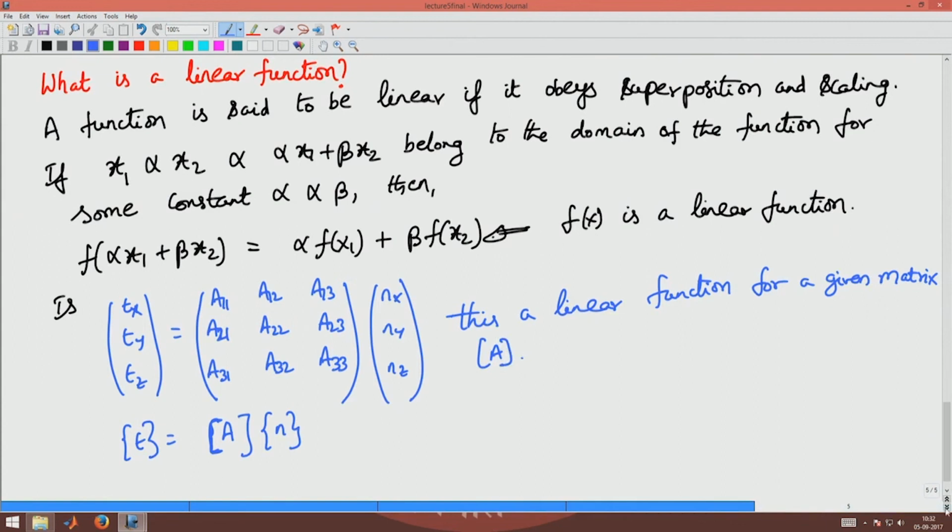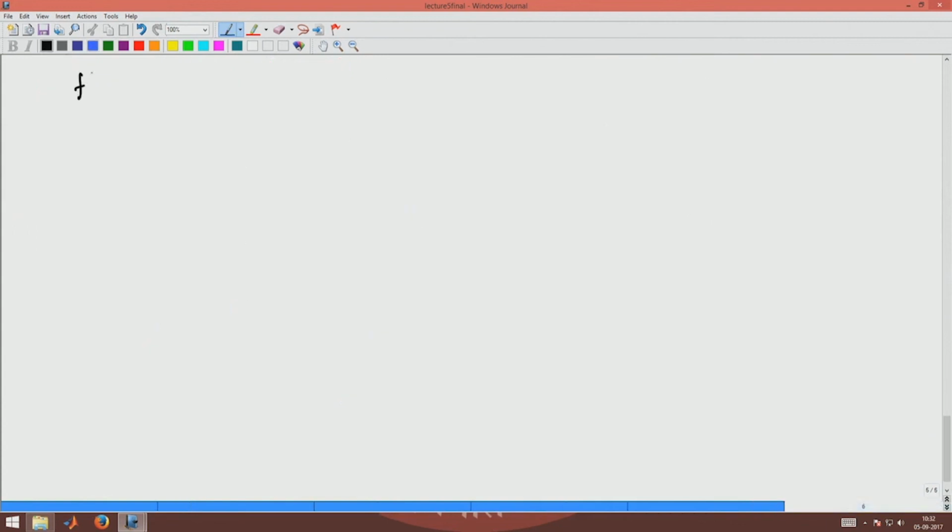I have to check whether f of alpha n1 plus beta n2 is equal to alpha times f of n1 plus beta times f of n2, right. So, let us go ahead and check.